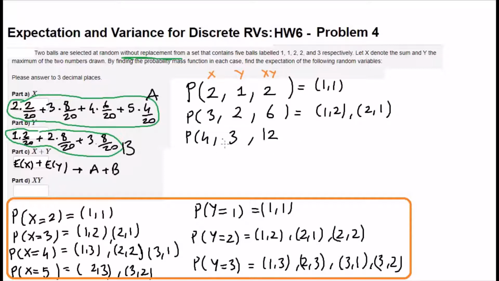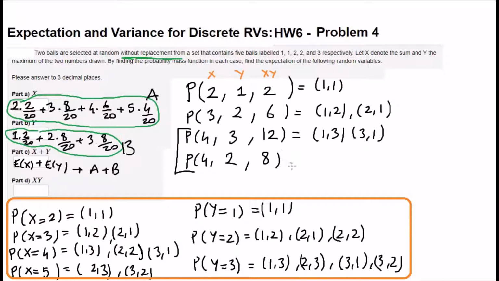Here, we need to separate this into two sections. We have y value 3 and we have y value 2 here. So in the coordinate (4, 3, 12), our only coordinates are (1,3) and (3,1).